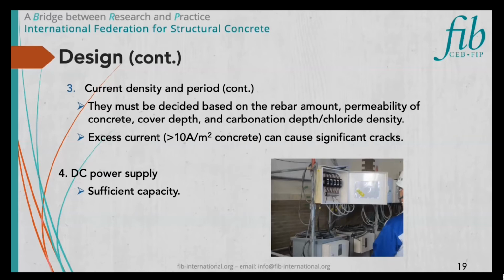The current density and application period must be decided based on the permeability of concrete, cover depth, and carbonation depth or chloride distribution. Excess current, for example, 10 amperes or more per square meter of concrete surface can cause significant cracks. DC power supply must have sufficient capacity.